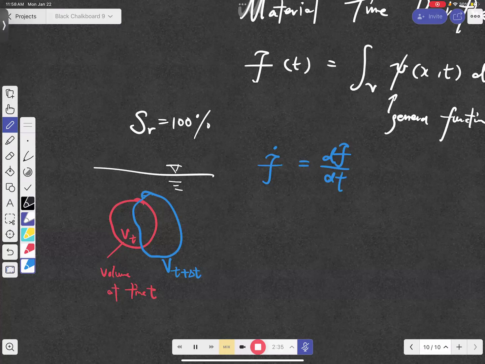There's also another very popular terminology where people use a capital letter to indicate the material derivative. I'm just indicating integrations. Now, there's one important note that I want to emphasize, a violation that is often committed.